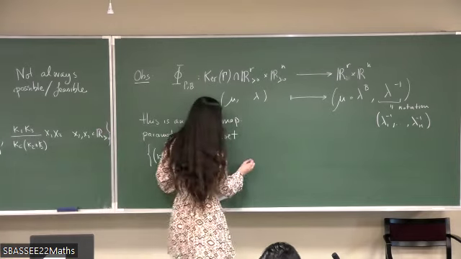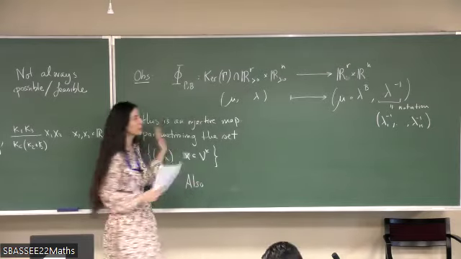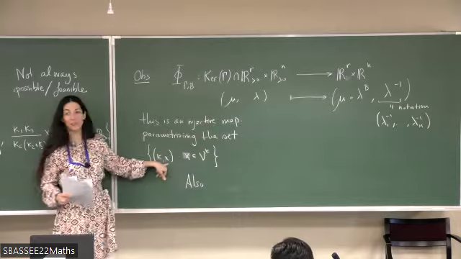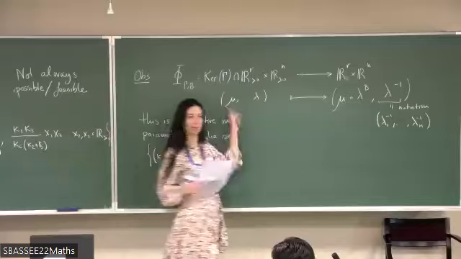And also, so I'm saying it's parameterizing. So I say for any pair of this form, this is the image of something of this form.